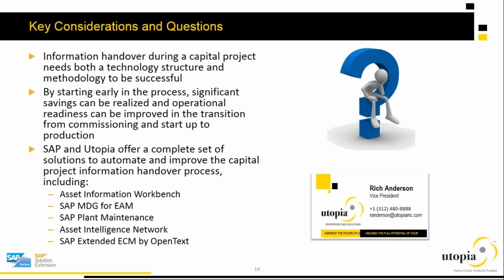Others are taking a more proactive approach and integrating into a process similar to what we've laid out here. So during those negotiations, I think that there's an opportunity for a lot of the operating partners, those people that own the plants or operate the plants, to negotiate how information will be handed over during that program.